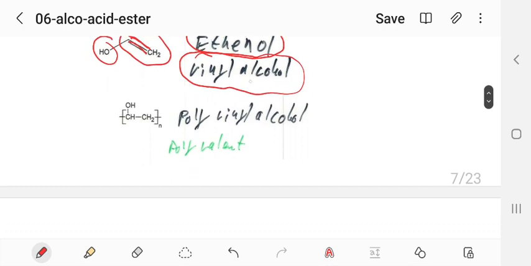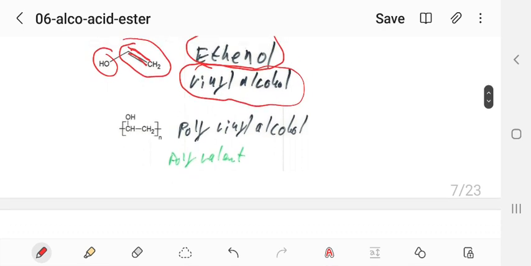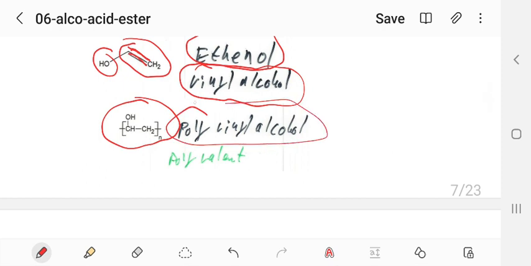And it's polyvalent here in this case when it becomes a polymer. So it's the same ethenol but multiple times, so this double bond will be broken and the same unit will be repeated again and again.